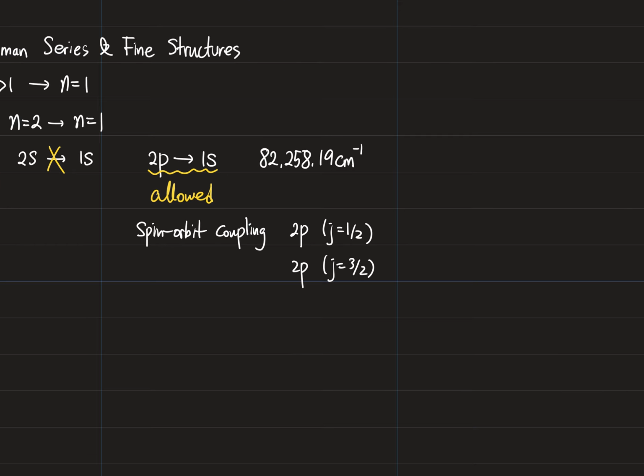The corresponding term symbols should be 2p 1/2 and 2p 3/2. Because these two upper states have slightly different energies, they produce two slightly different photon frequencies when they fall to the ground state. So the ground state term symbol should be 2s 1/2.